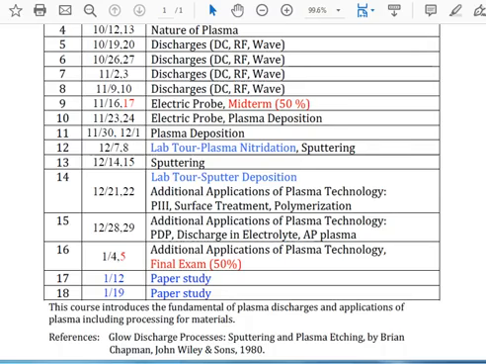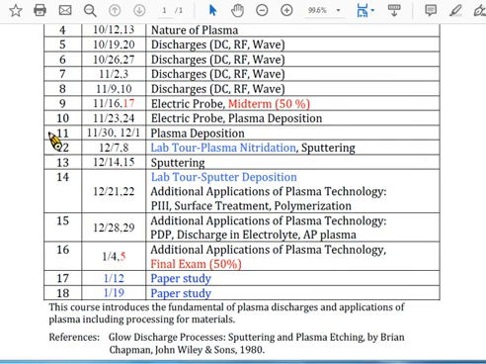In industry, people use plasma to deposit thin films, to etch materials, or to make surface treatments of materials. In our class, I will let you know the ways to deposit thin films by plasma processes. One major plasma deposition process is based on plasma enhanced chemical vapor deposition.